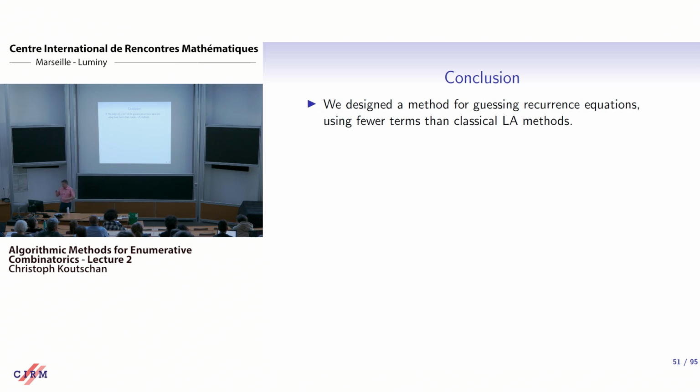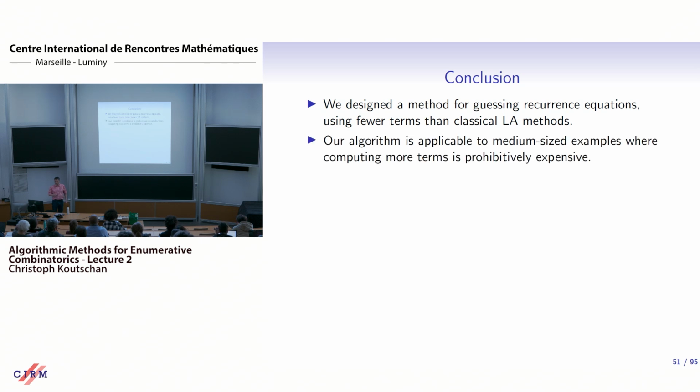Okay, so conclusion for this part is we proposed a method for guessing recurrence equations. I should say this algorithm is applicable to medium-sized examples. If you have a sequence where you know 1,000 terms, you cannot use that, because then the LLL computation will be way too expensive and it will not finish in reasonable time.